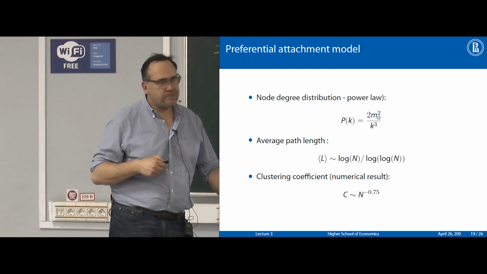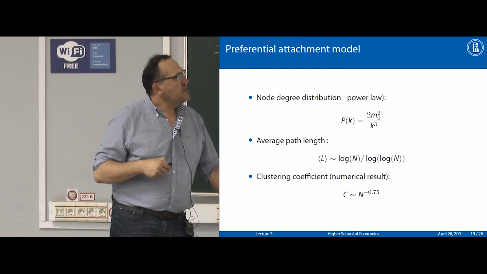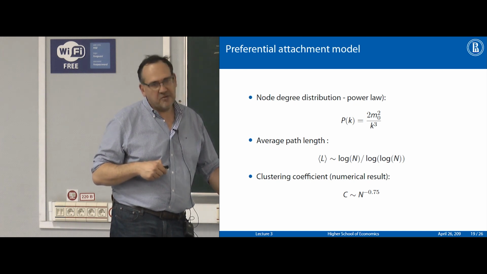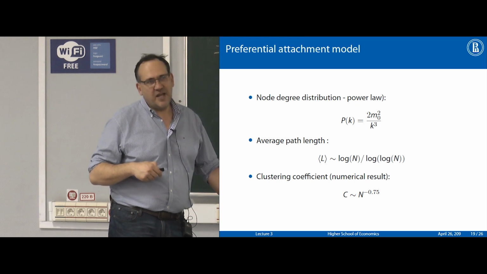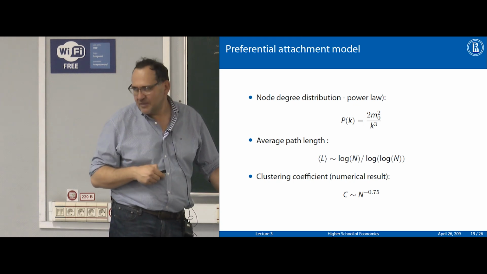All right? Okay, now, the average path length here is also, you can see this small world phenomenon, which is logarithmic in the number of nodes. And there is some clustering coefficient. You cannot compute it precisely. I know you don't care, but the point is there are some triangles, not that many triangles.